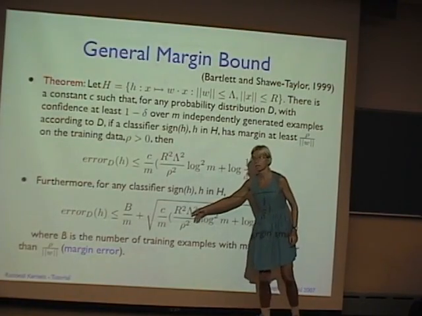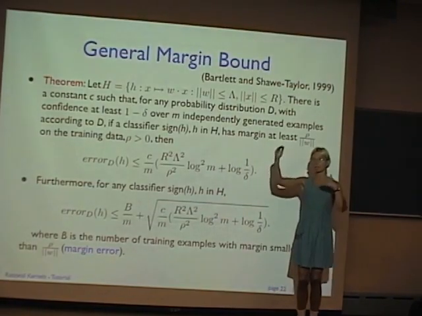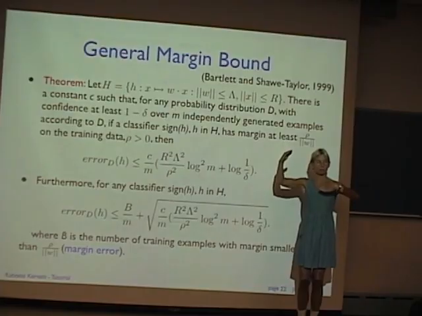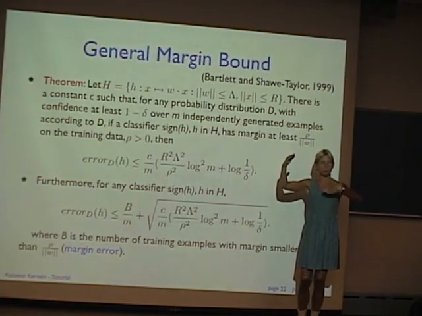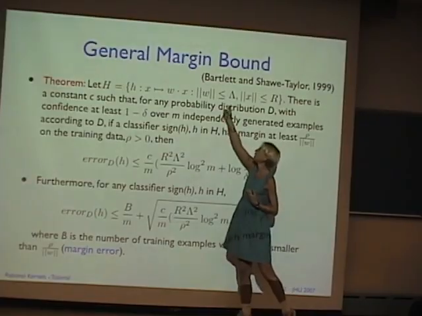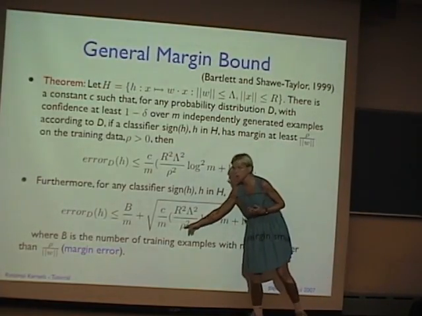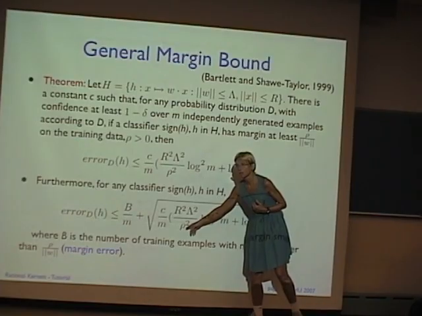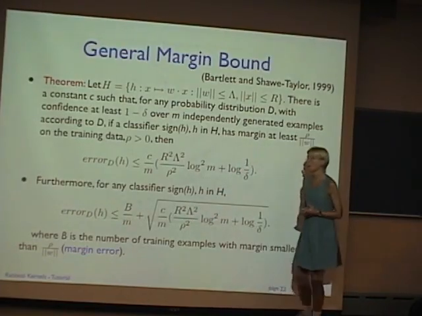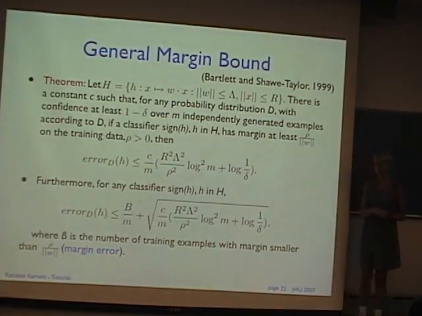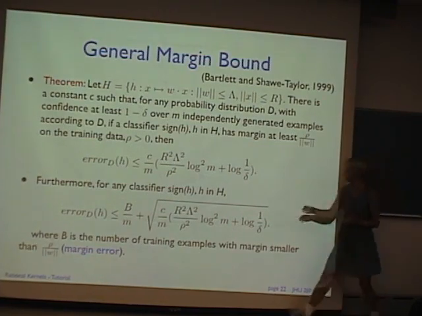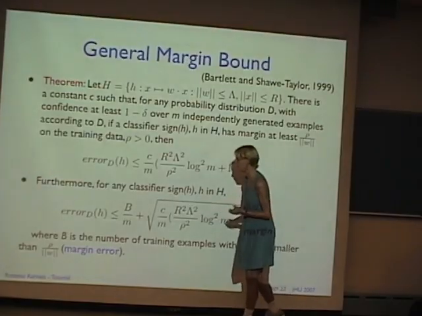Capital lambda here is a bound on the length of the vector that describes the separating hyperplane, the norm of omega. And what it says here is that the larger margin we can get, the smaller our bound on the generalization error becomes. So now we actually have a theoretical justification for doing what we're doing. Get the largest margin and you'll get the best bound.